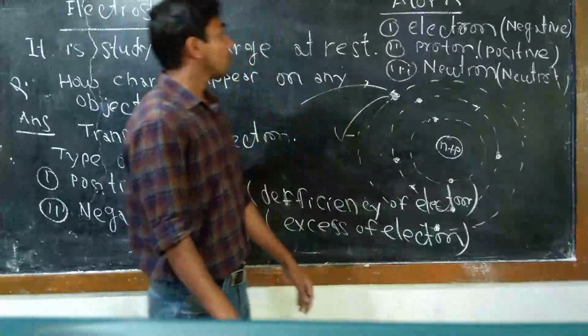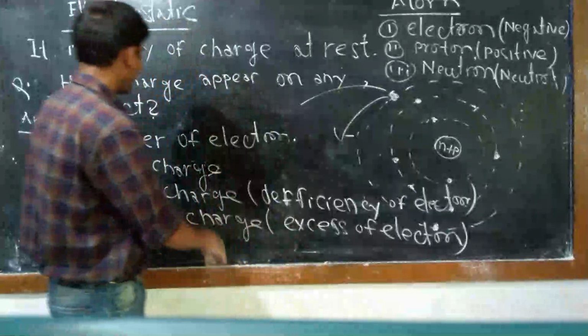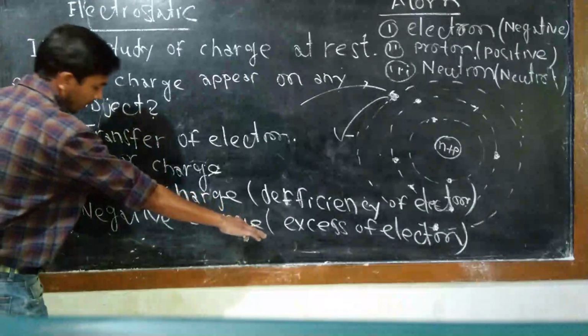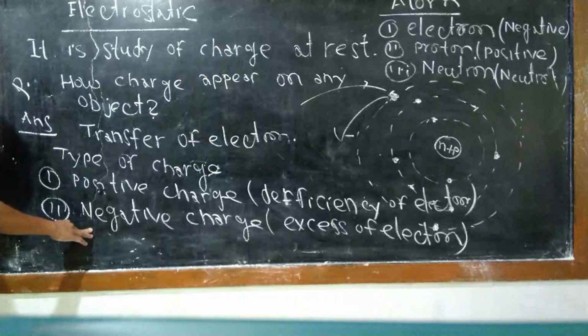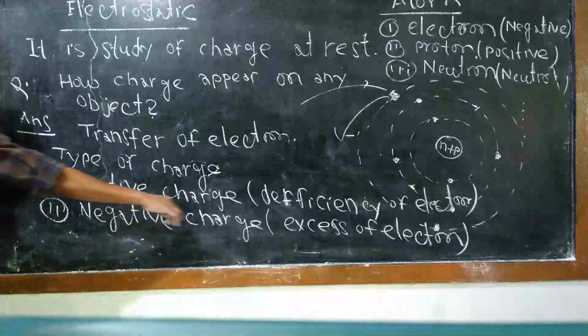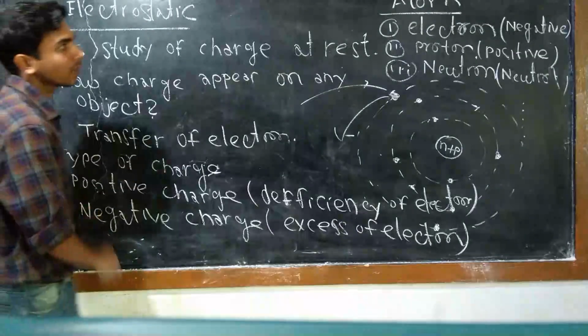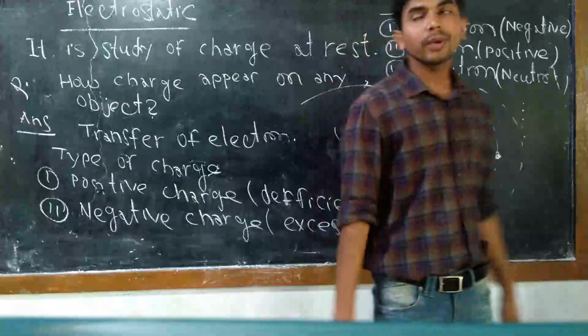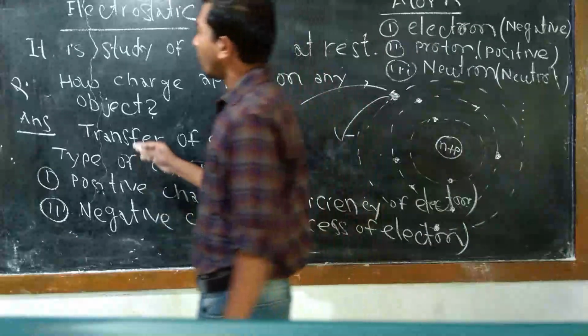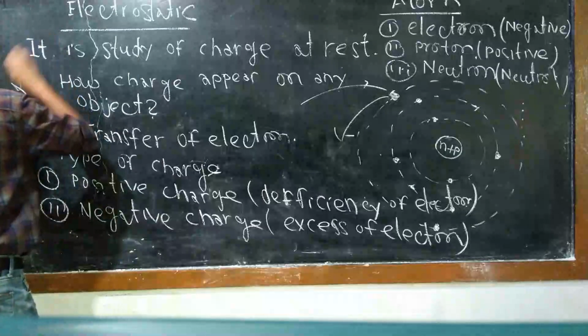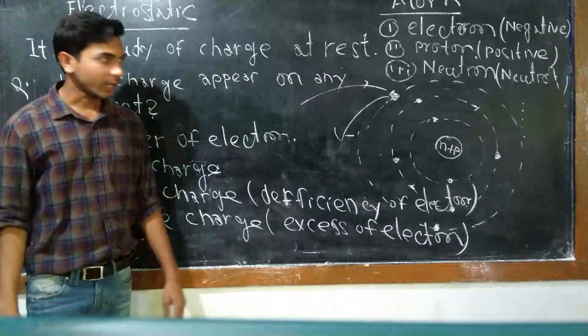If electron is in excess, then negative charge will appear on the body. If there is deficiency of electron, then positive charge will appear on a body. So this way we are able to understand how charge appears on a body.